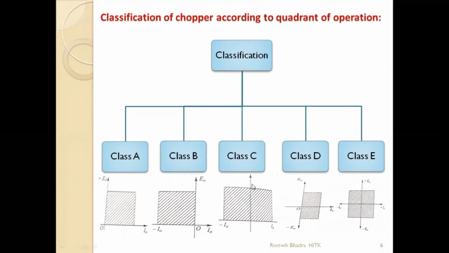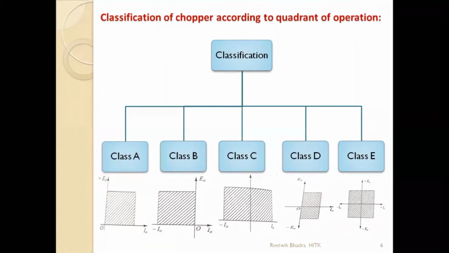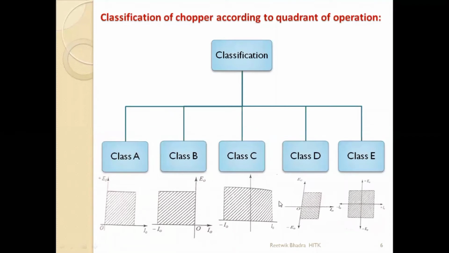This we have to check, how it operates. This is our classification, and next we will go on studying it according to its voltage polarities and all. We will check it and classify according to quadrant of operation. So today we'll just discuss 2, class A and class B, and then next day we'll continue with class C, class D, and class E.